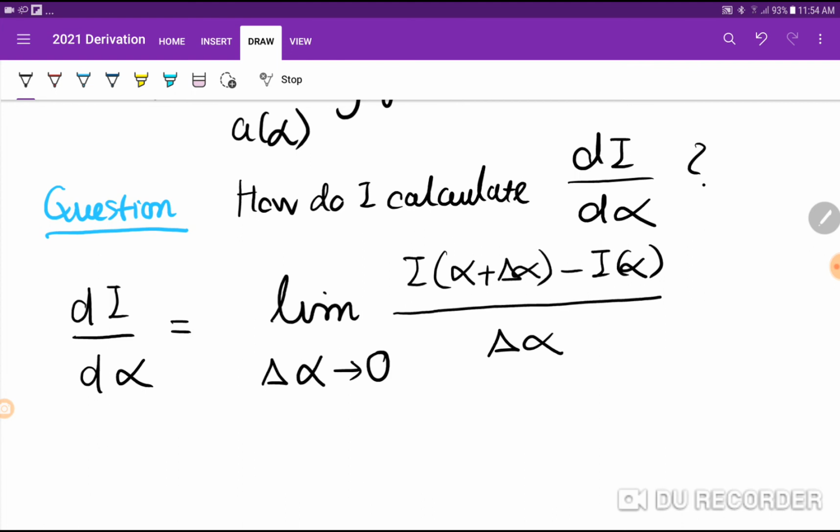This is the definition. So in order to calculate this, I will attempt to calculate this limit, because this is the same thing, and this one seems to be more apparent.